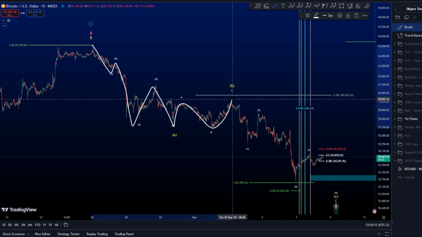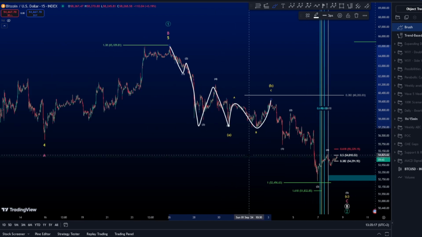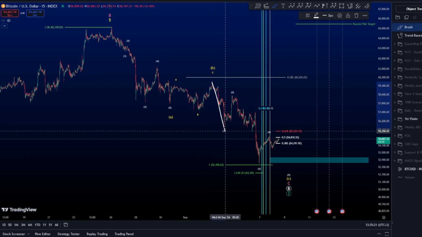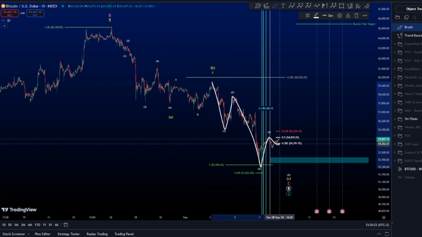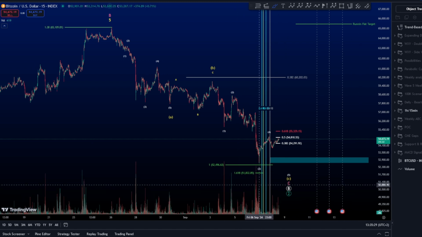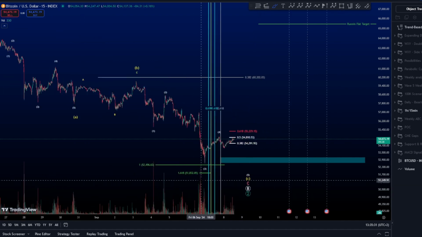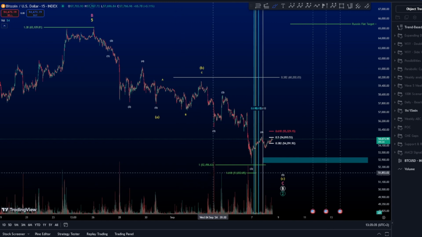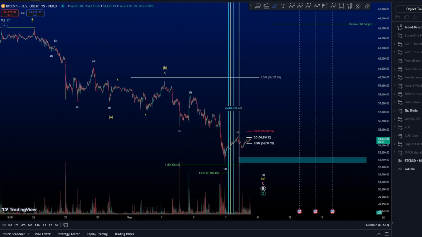Then we can see here ABC as correction in a regular flat, and then we are looking here for a 1, 2, 3, 4, 5. Now based on the volume, it says that this is your wave 3 here, on the highest amount of volume. We can see also the high amount of volume here on the 15-minute chart, of course, is this wave here, which is the wave 1.